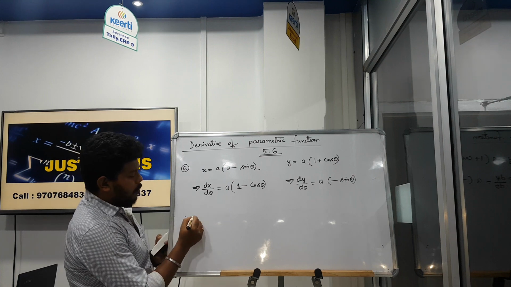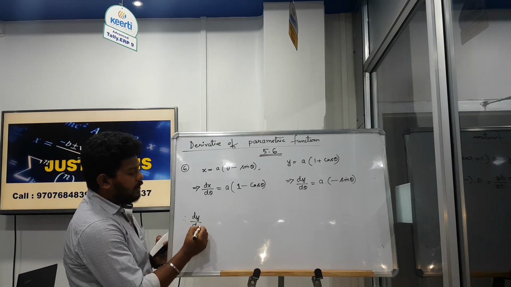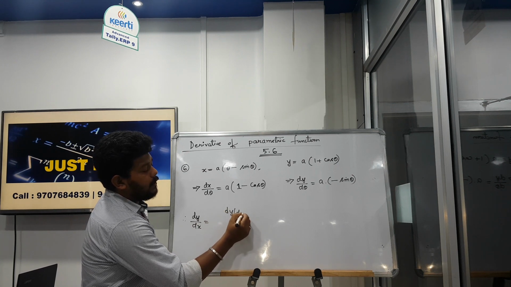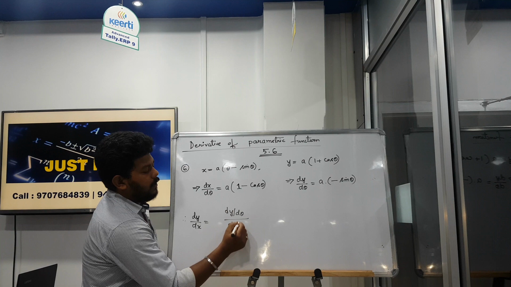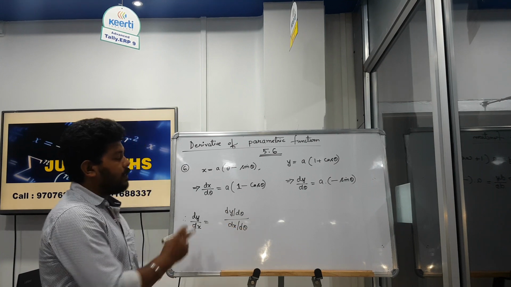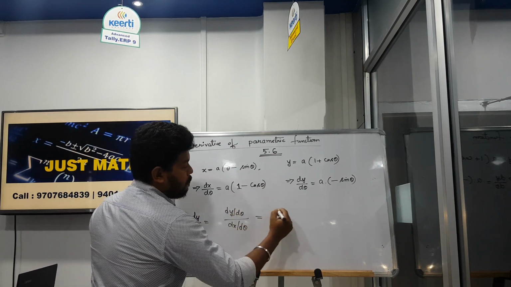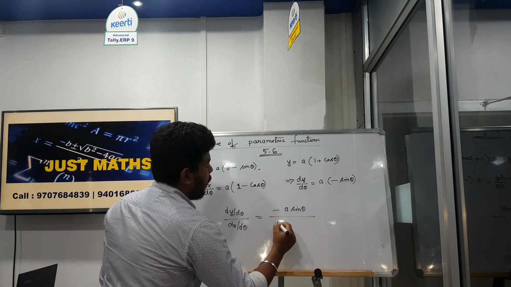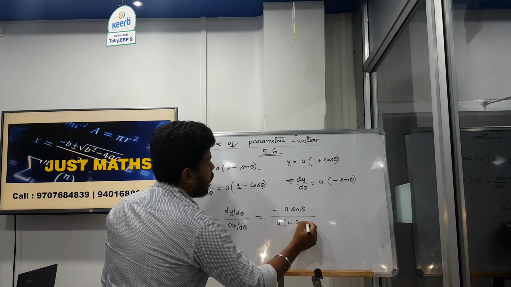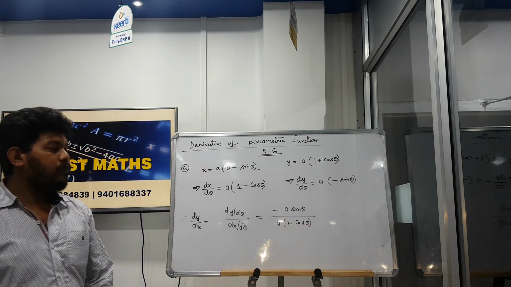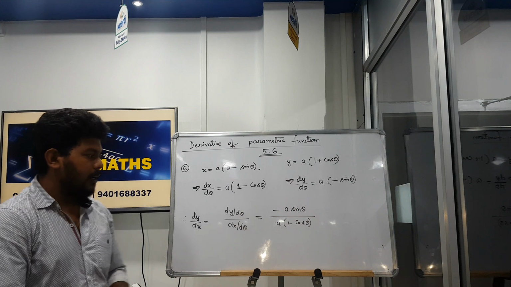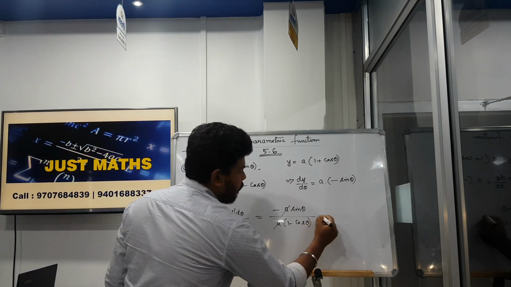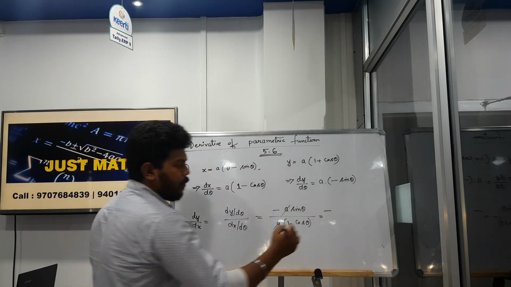Hence the value of dy by dx is equal to dy by d theta divided by dx by d theta, the ratio of these two values. This is minus a sin theta divided by a into 1 minus cos theta. I have already told you, if possible then simplify it. Now we can simplify this answer. What is sine theta?